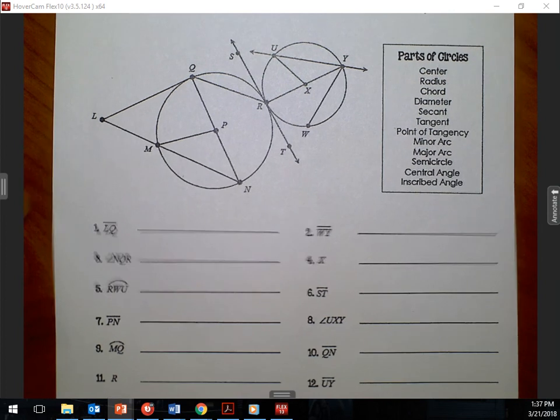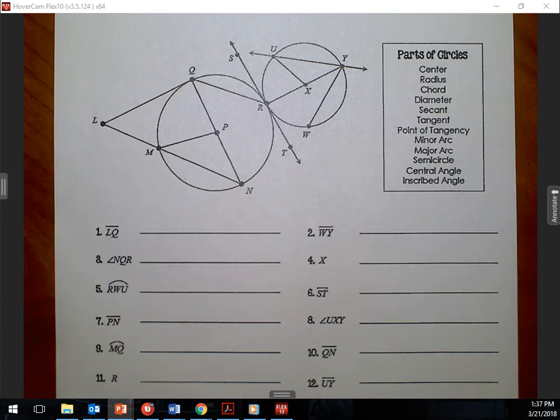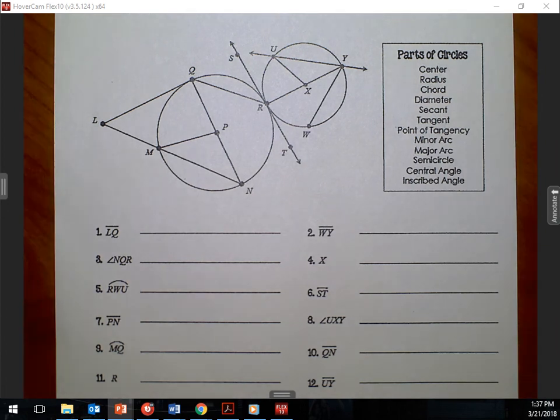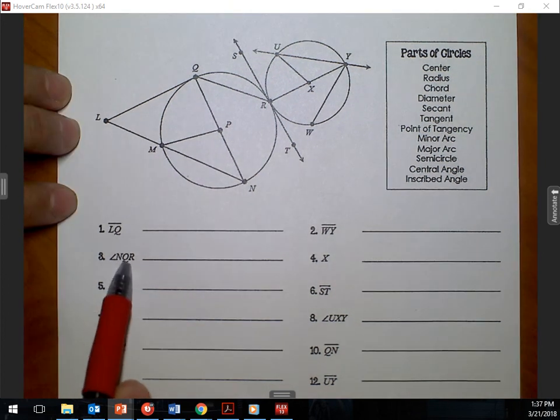All right, now let's look at LQ. What do you think LQ is going to be? Because it's just a line. What is it? Tangent. Very good. That is a tangent. That is a tangent line for LQ. Okay, now let's look at this next one. It's angle NQR.